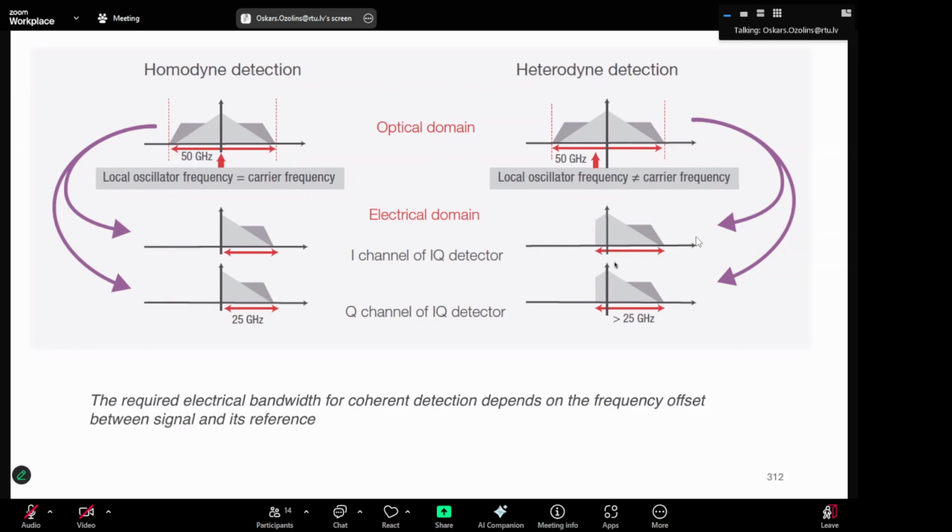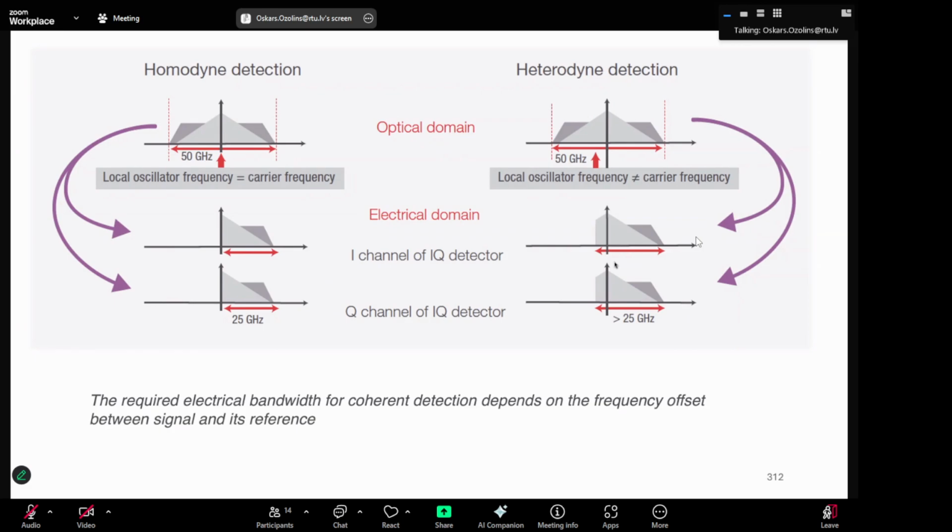So it's very difficult to get the frequency difference zero. You can get it in the order of megahertz, and that depends on how stable your laser is. And in practical systems, you design semiconductor lasers which have a line width of like 100 kilohertz, and then depending on this kilohertz range, the rest of processing is done in digital signal processing.